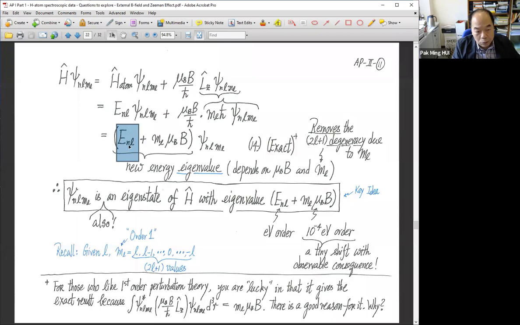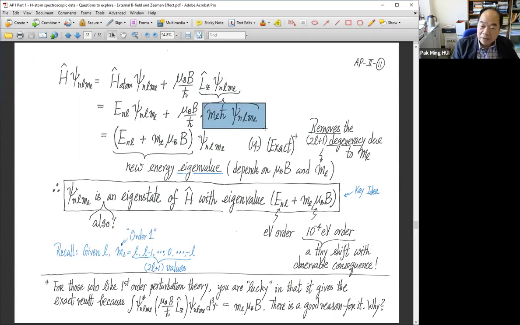For example, 2P, that is N=2, L=1. But now, with the magnetic field interacting with the magnetic dipole moment due to orbital angular momentum, we have this part, and this LZ on the atomic wave function will give us ML h bar.